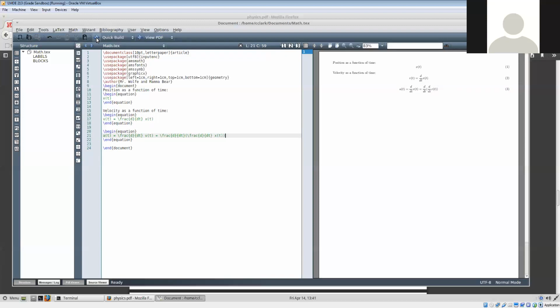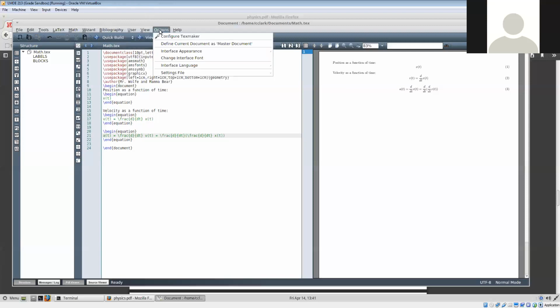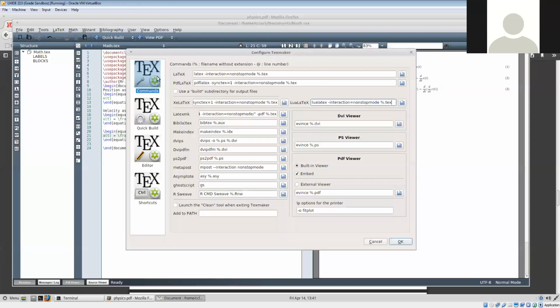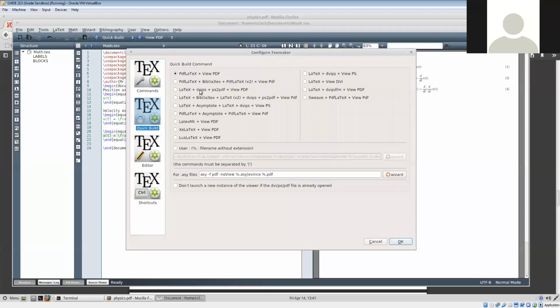So to get those parentheses to the right size, do I need to make this bigger? Mine's not working. It's giving errors that it's trying to find BibTeX stuff, even though I didn't reference anything. That's because you need to go up here, configure TeXmaker, go to quick build, and turn off the BibTeX.